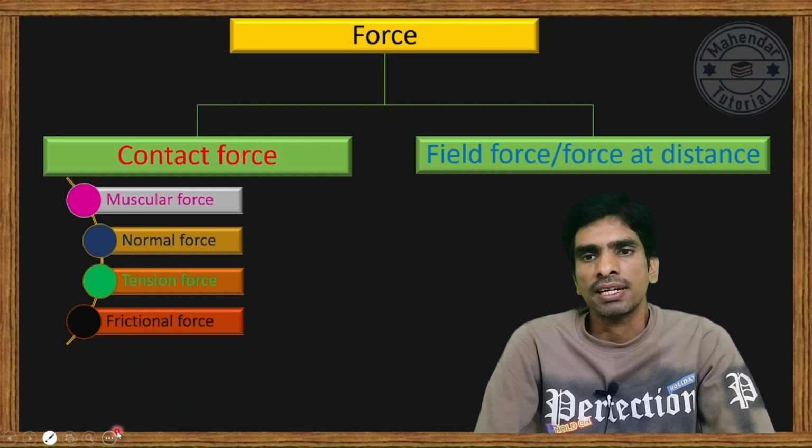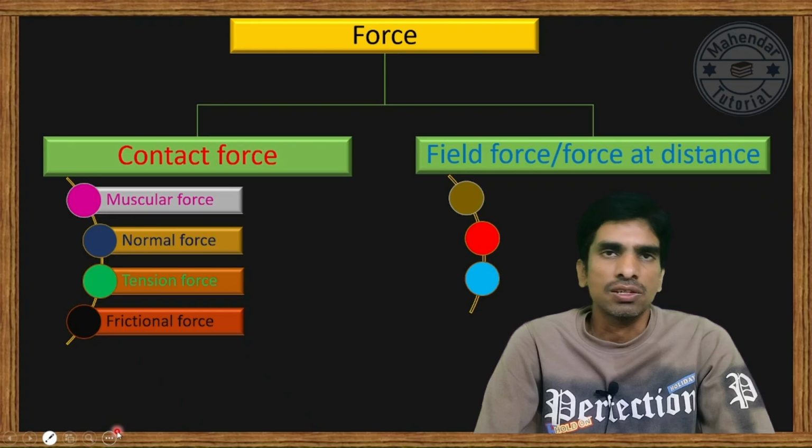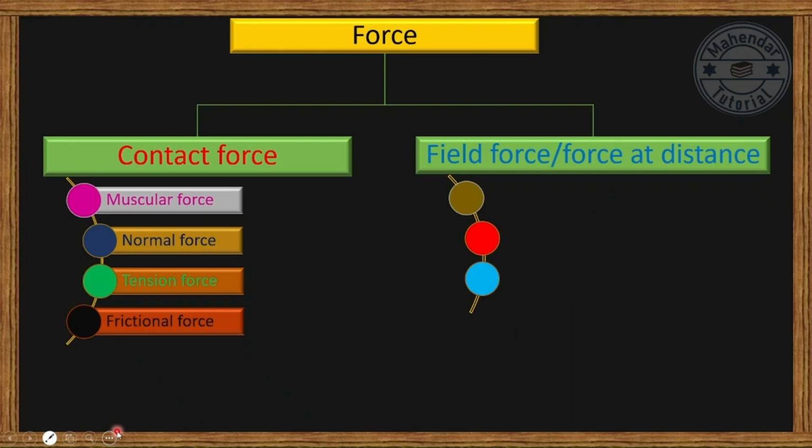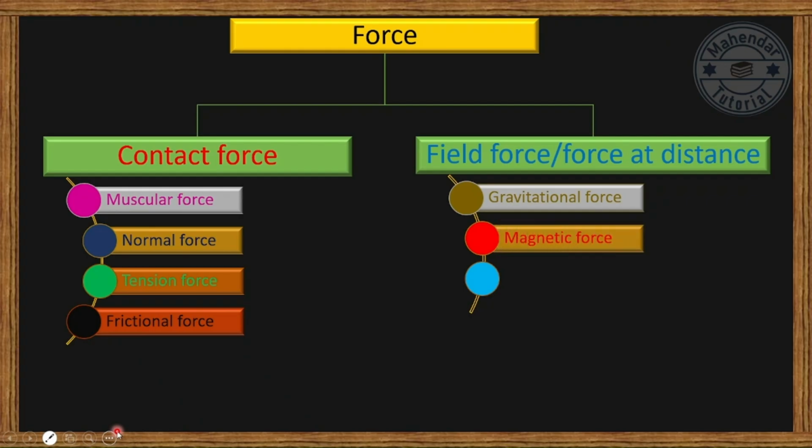Field force is classified into three types. Field force is also known as force at a distance: gravitational force, magnetic force, and electrostatic force. These three are examples of force at a distance or field force. Now let us discuss one by one.